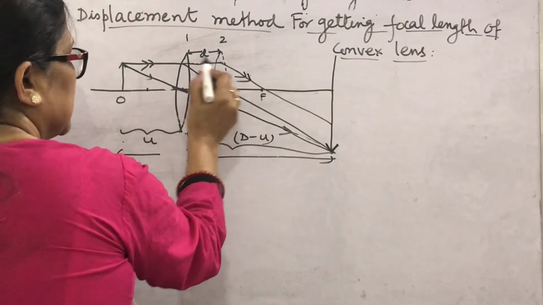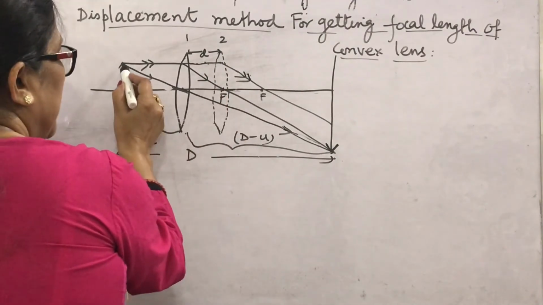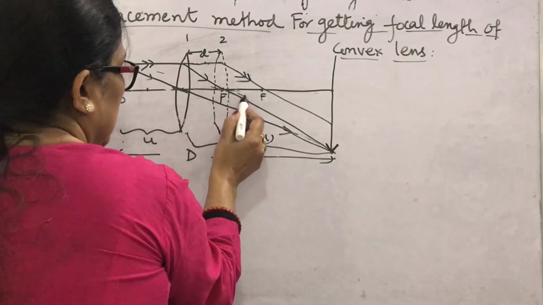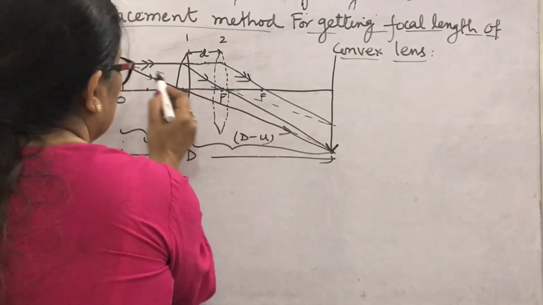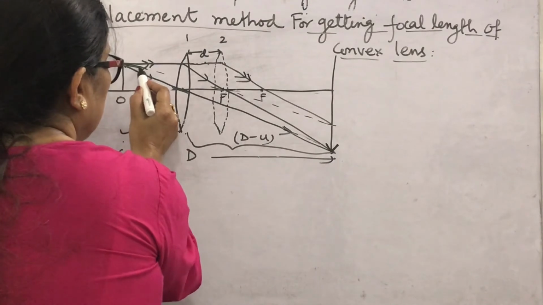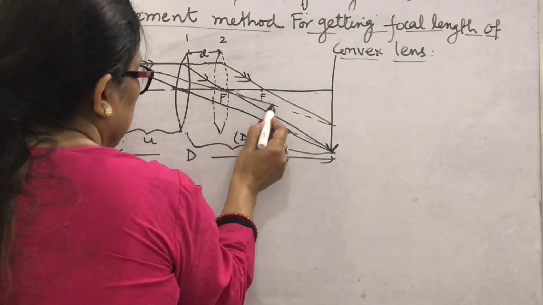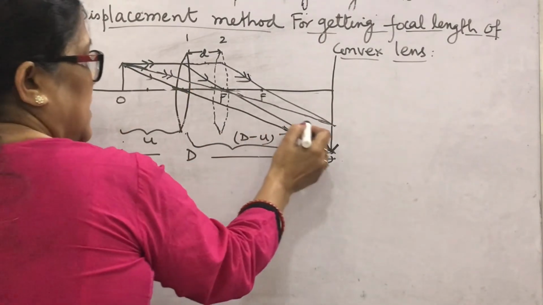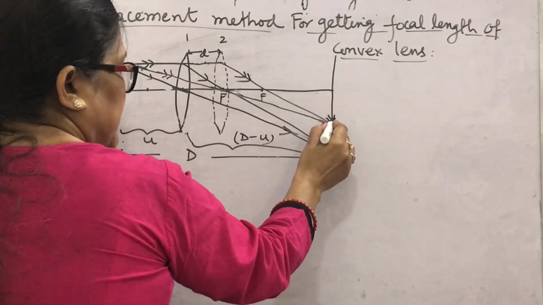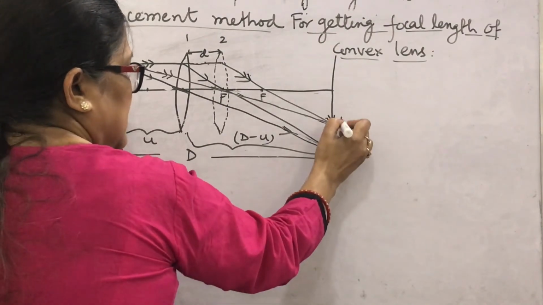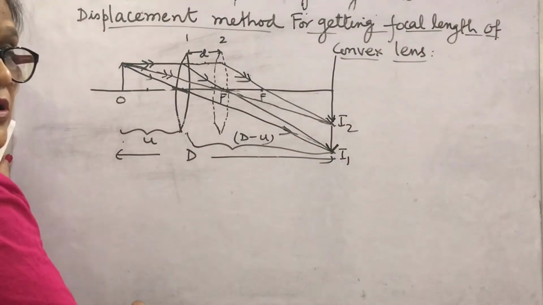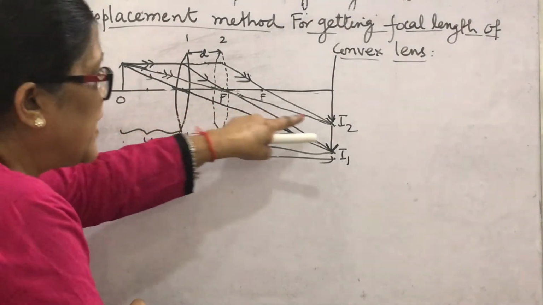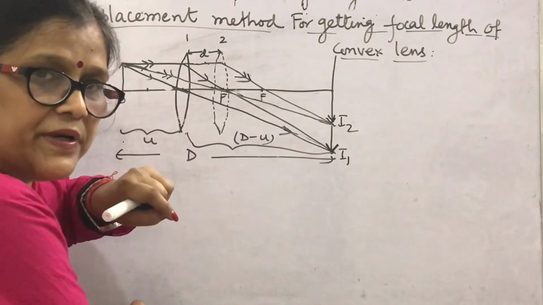Another ray will pass through the optical center. So I draw this ray passing through the optical center like this, again showing it with 2 arrows. Then this is the second image. If this is I1, this is I2. So what I told, by slightly displacing the lens, another real image is obtained.